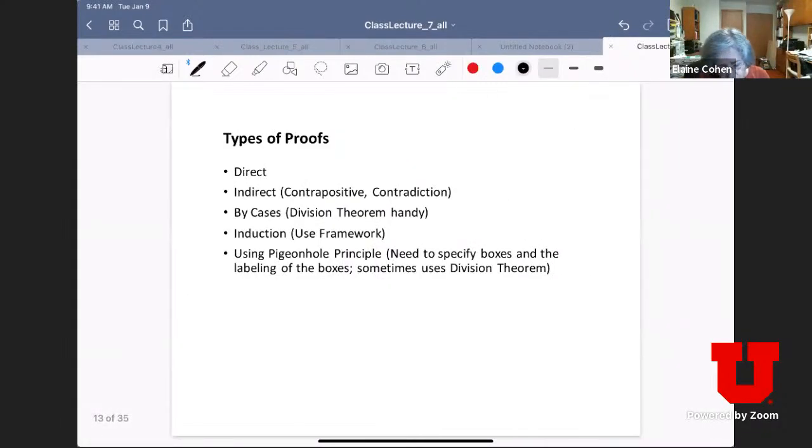So what we've done is we've talked about direct proofs and indirect proofs. Indirect proofs, like contrapositive and contradiction.